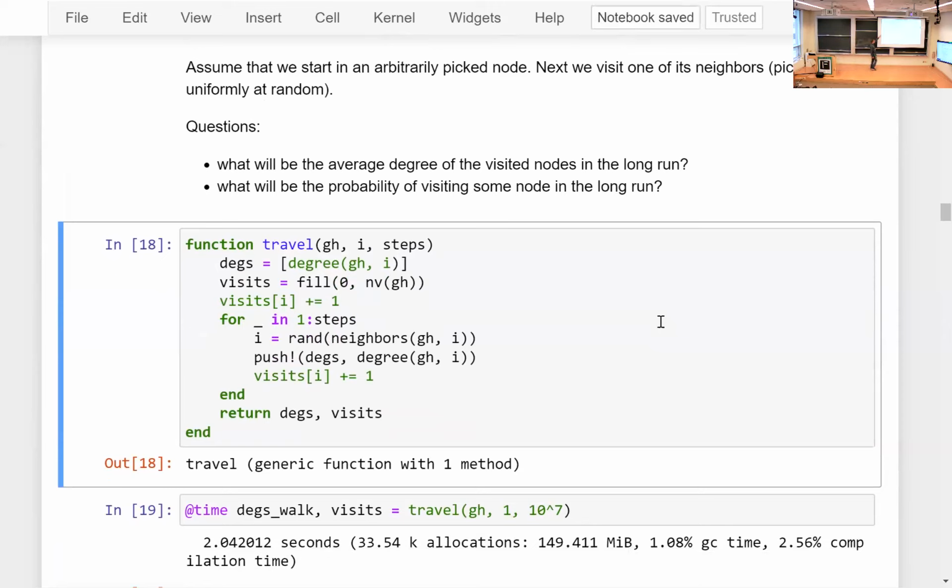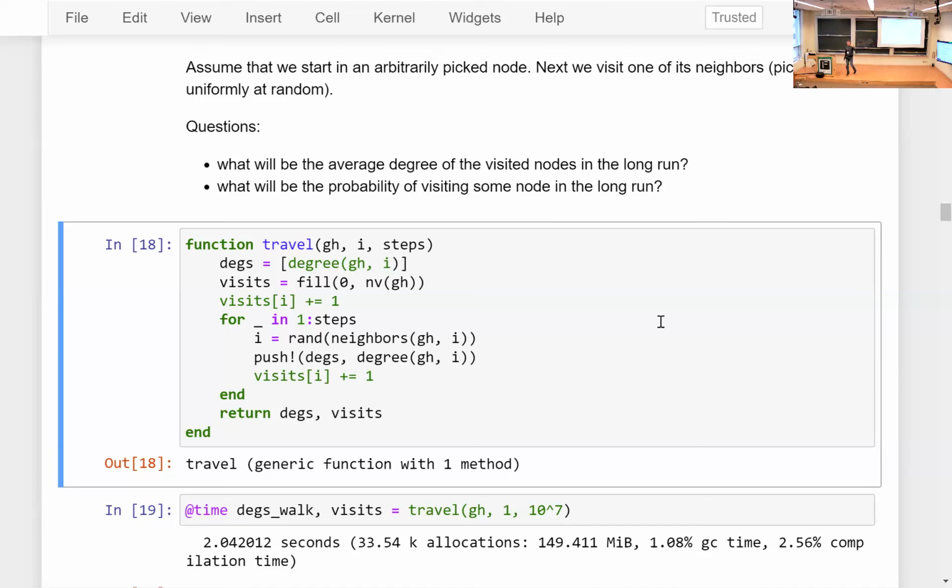So we create a function I call travel. GH is our graph, I is where we start, and steps is how many steps I want to run this walk. Then I will create dex, which is the vector keeping degrees of nodes that I visit. So I start with just the degree of node I. And visits, I will count how many times I have visited a given node.